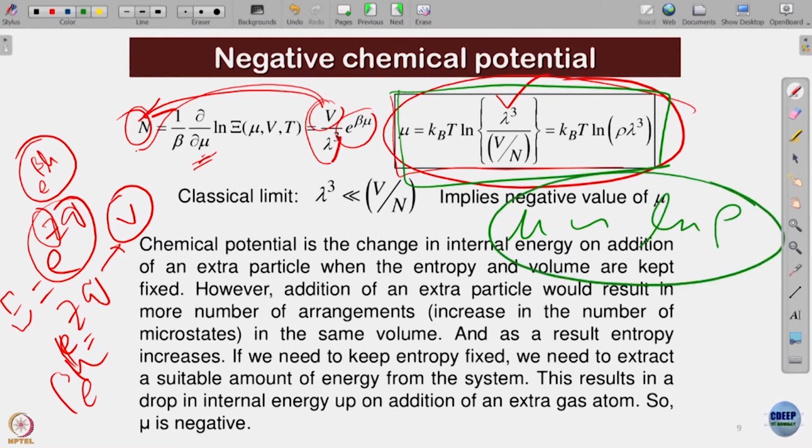This is something which is hugely used. When I talk of ideality, chemical potential has a linear logarithmic dependence on density. But when I talk of non-ideality, we introduce activity coefficients and other quantities. That is where it enters.